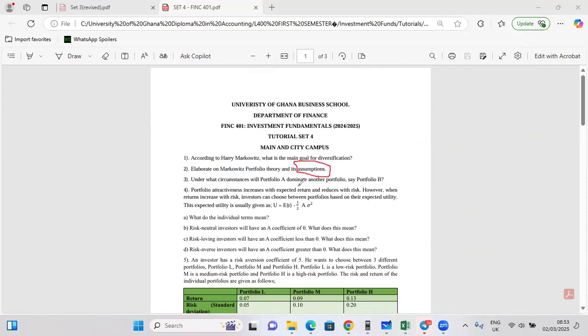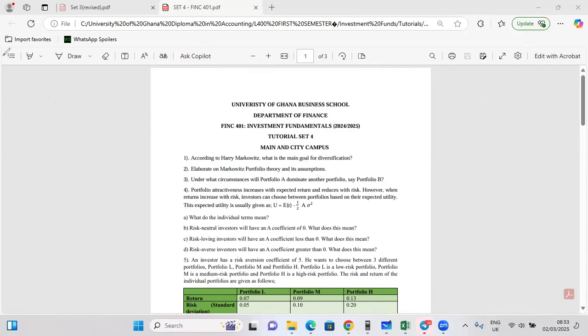Almost every theory, I don't know any theory that doesn't have assumptions. All theories have assumptions. So before you propound a theory, you will have an assumption. One of the assumptions under Markowitz's portfolio theory is that investors are rational, which might not actually be true, because when you read about behavioral finance, you'll see that investors are actually not rational.